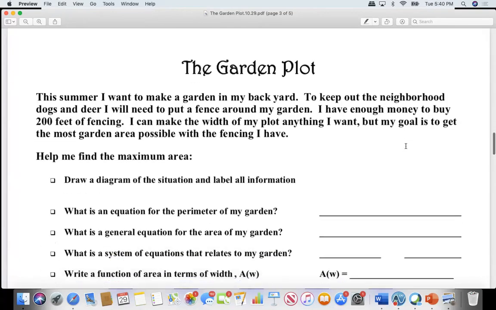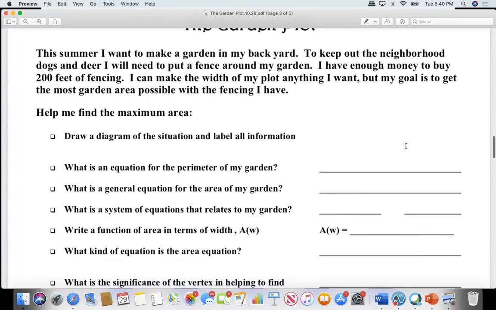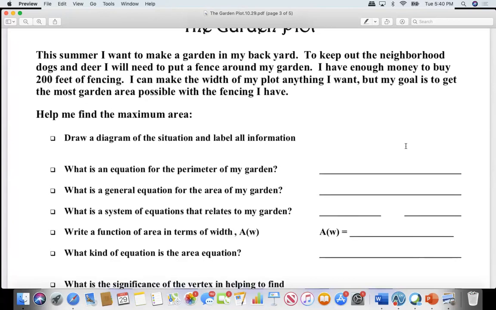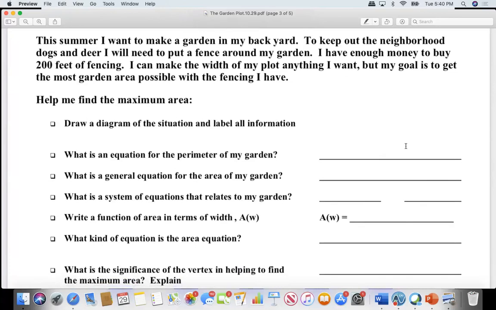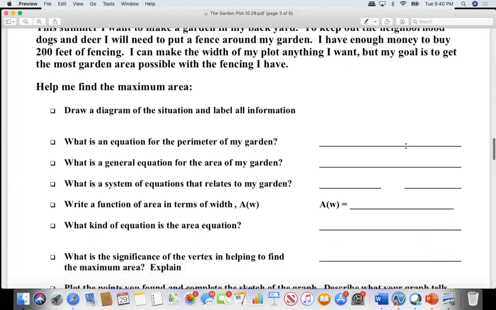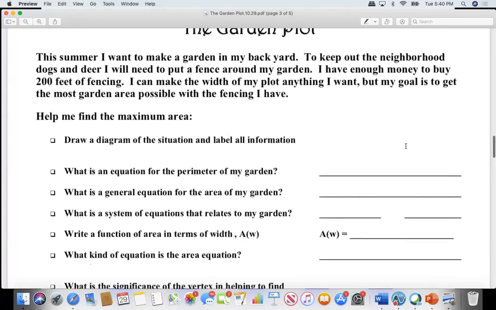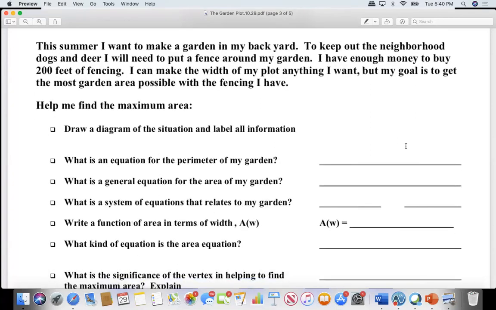So next one, again, same scenario. We have this money to buy our fencing, and now we're not giving them the equation. So they have no equation, and they're asked a variety of different questions so that they can now develop the equation themselves.